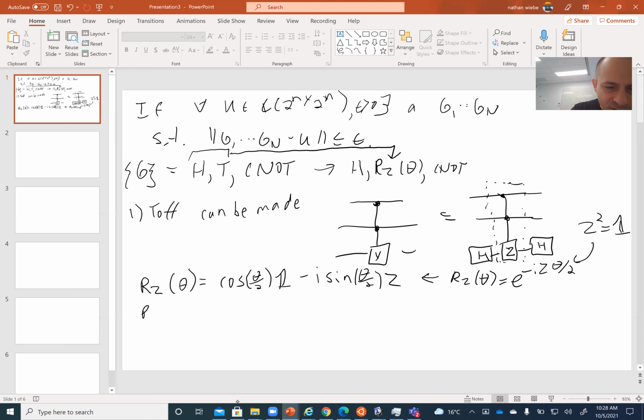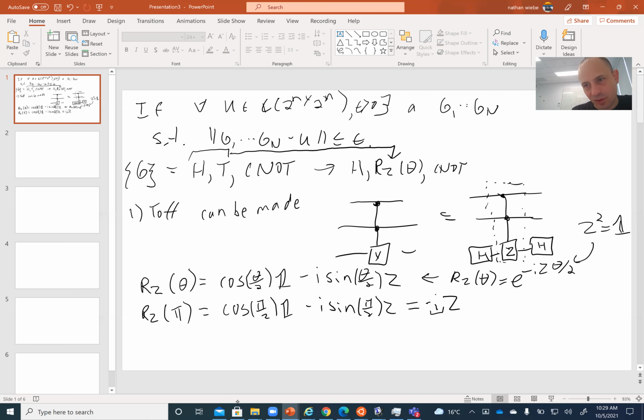So if we do this, then note that RZ of pi is actually equal to cosine of pi over 2 times identity minus i sine of pi over 2 times Z, which is equal to minus i Z. So up to an overall constant phase, which doesn't affect anything, RZ of pi is actually equal to the Z gate.